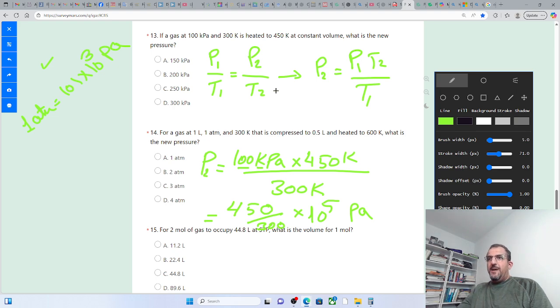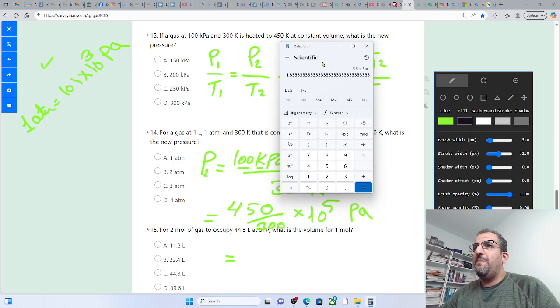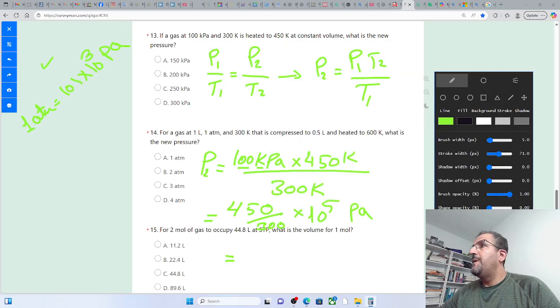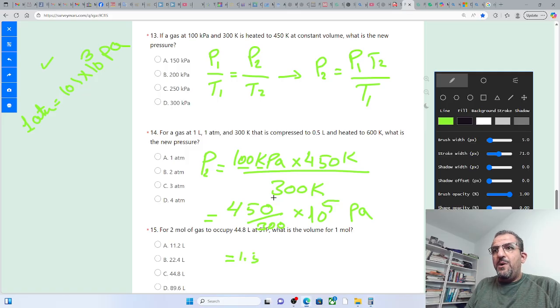That's great. So if I divide 4.5 divided by 3, now I believe we will have the right answer. So 4.5 divided by 3 is equal to 1.5, so we'll end up with 1.5 times 10 to the power 5 Pascal.